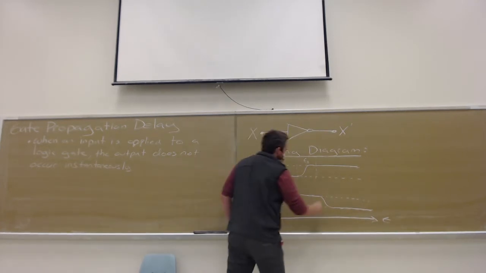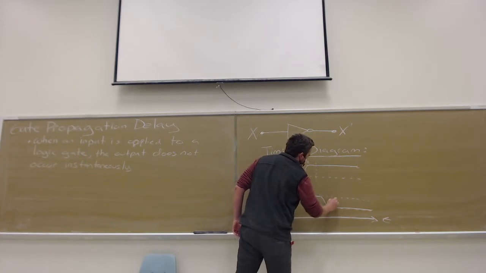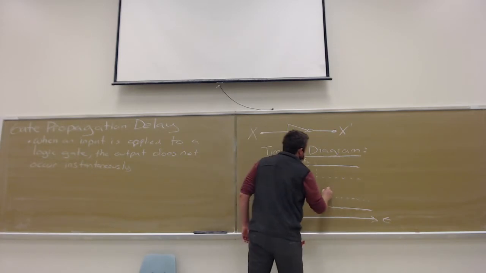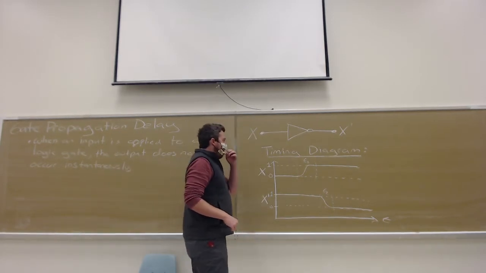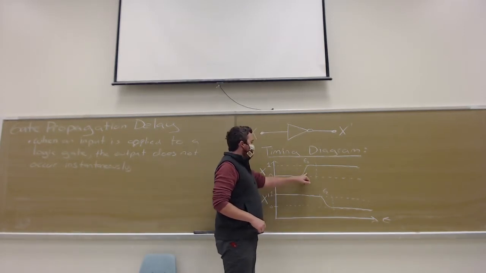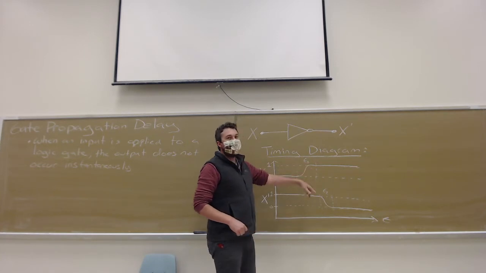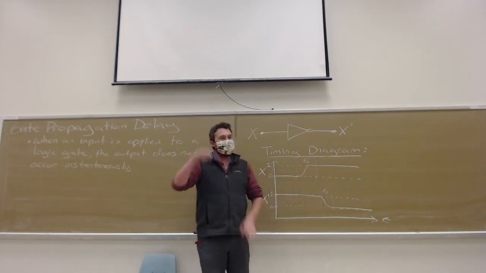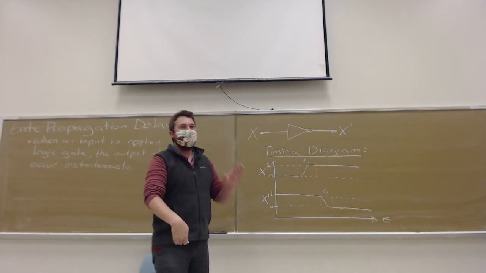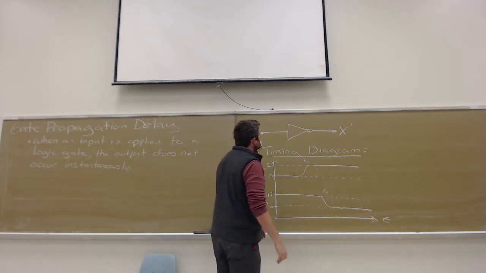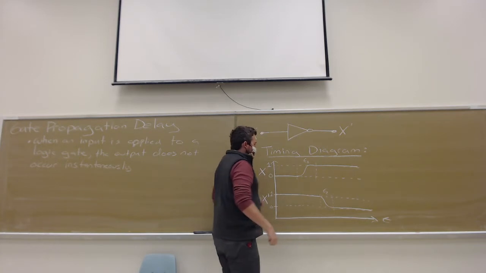And it also has some delay time, we'll call it epsilon 2. And very often, these will be different. The input delay time will actually be different than the output delay time. Sometimes the transition from 0 to 1 will have a different delay time than the transition from 1 to 0, depending on the circuit characteristics. You don't need to worry about that. It's sort of an interesting fact.